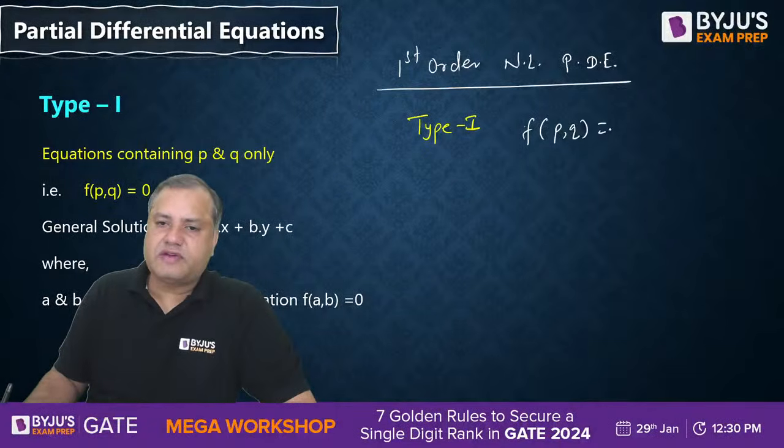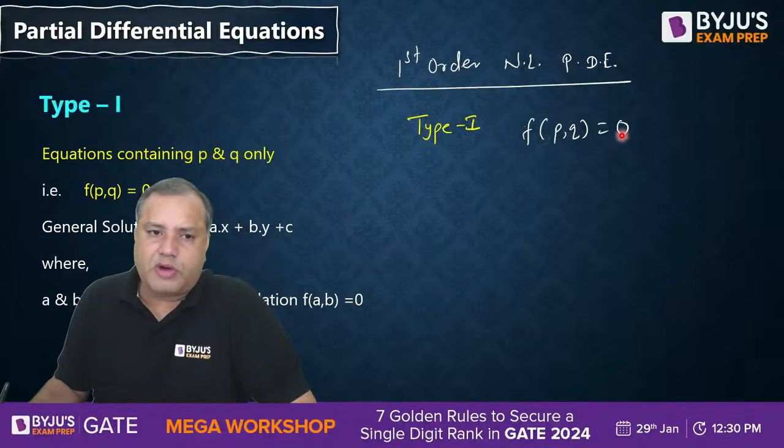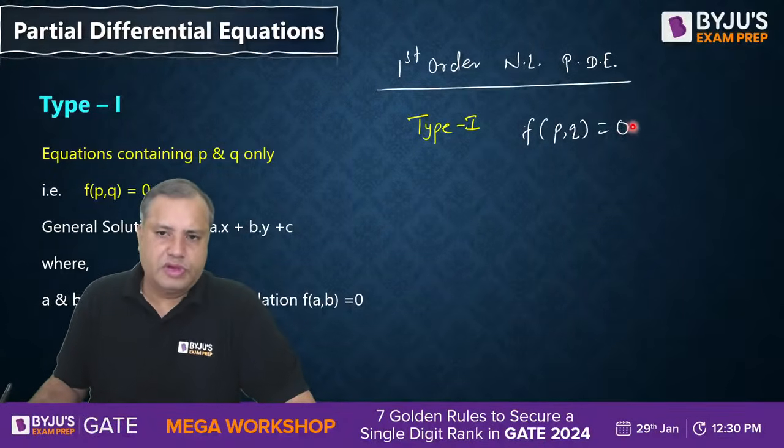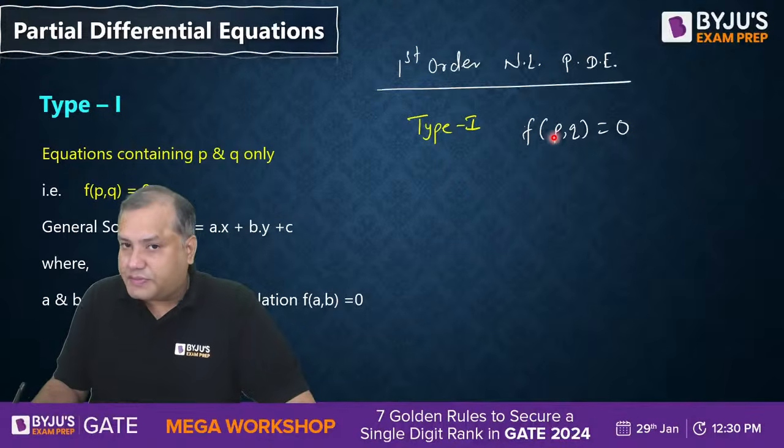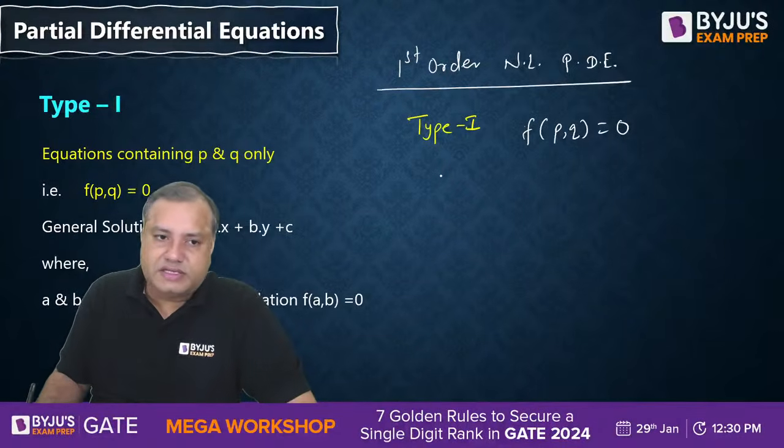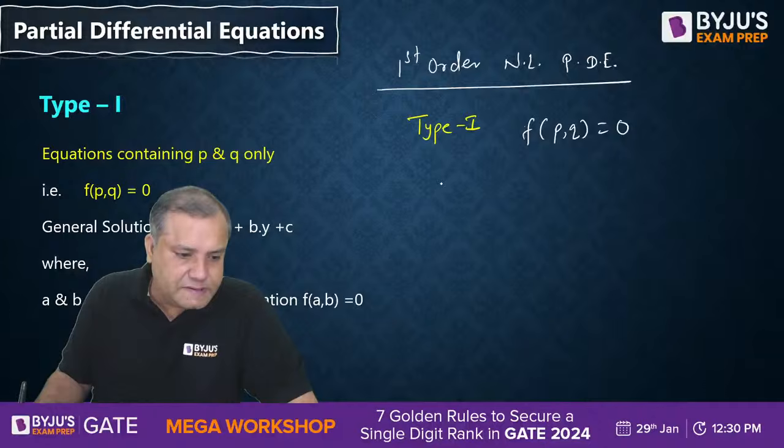If equation is having only p and q, then equation's format will be like this: f of p comma q equal to 0.